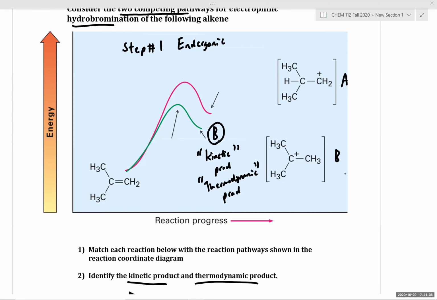But let's try to delve into, why do we think that? What is our basis? Why do we think the pathway to make intermediate B has a lower activation energy? What can we apply the Hammond postulate to explain or rationalize that argument?